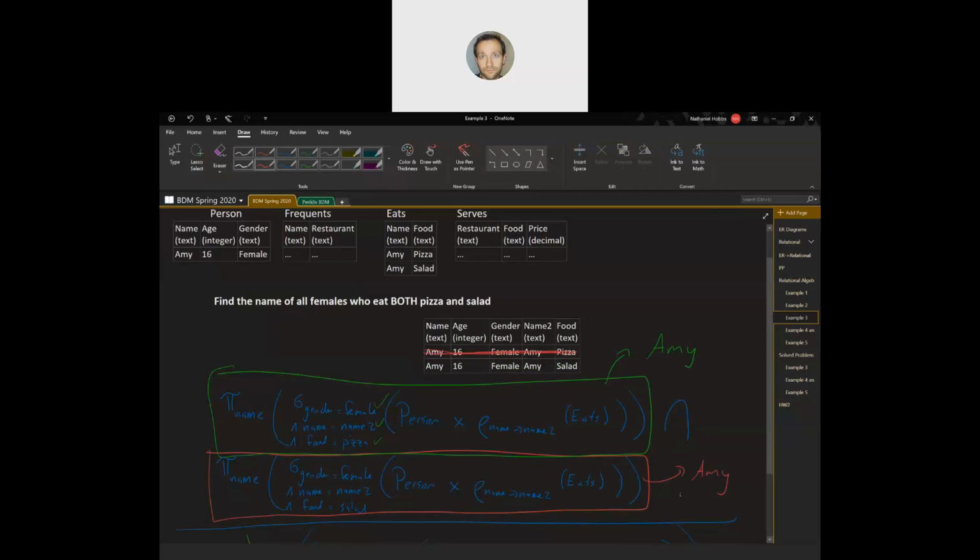And because Amy is returned as being a female who eats pizza, and she's also among the set that is female and eats salad, their intersection is just Amy. Excellent. Any questions about this before we move on to the next example?